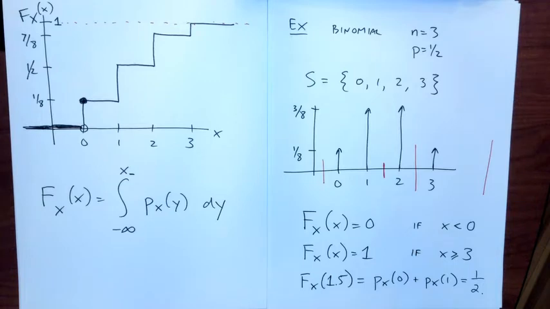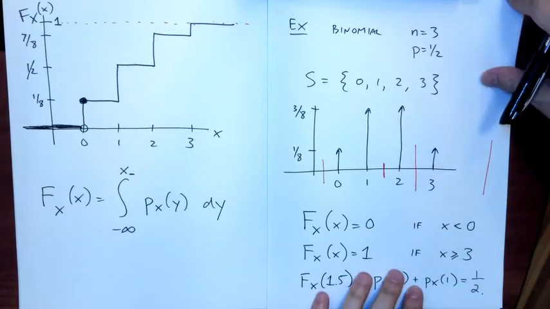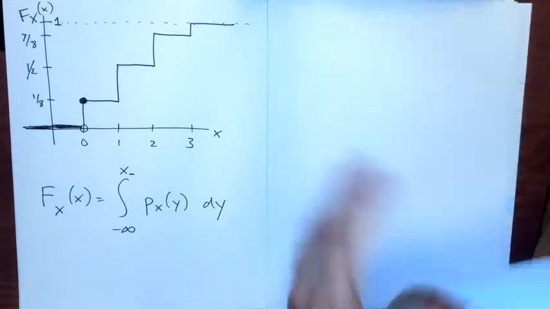Okay? And this is one of the reasons that we ask you to be taking signals at the same time as probability, right? Because you have hopefully by now learned all about delta functions and step functions. We know that the integral of a delta function is a step function, right? We all know that. Just let me refresh our memories in case some of us are not quite there yet.